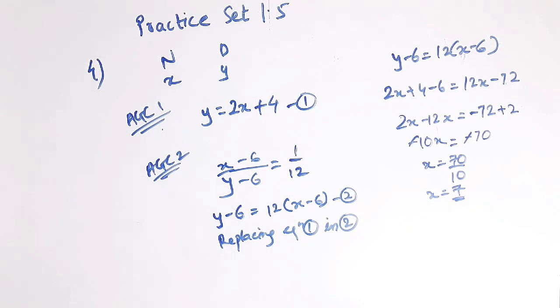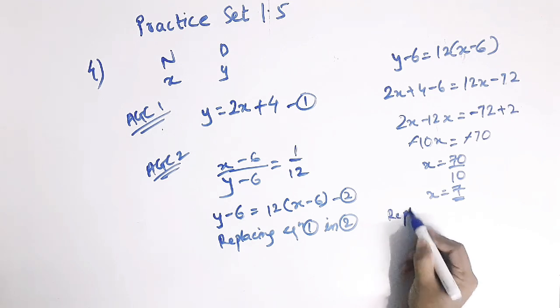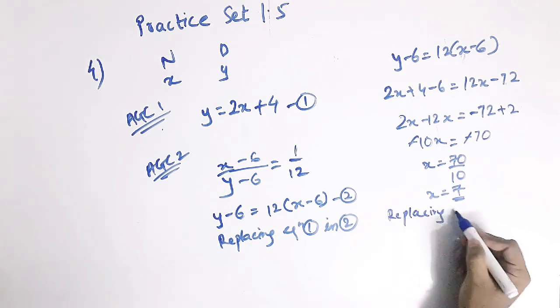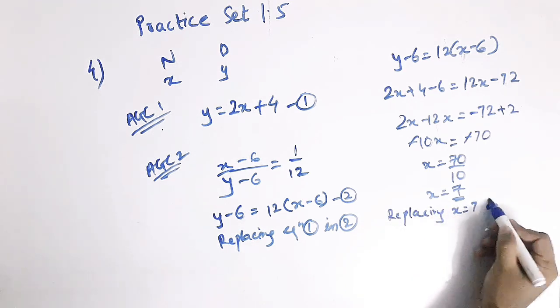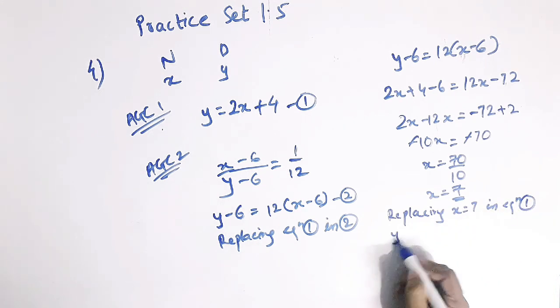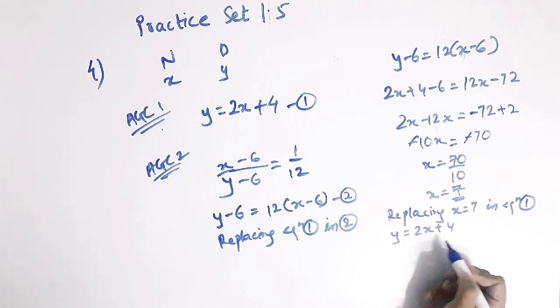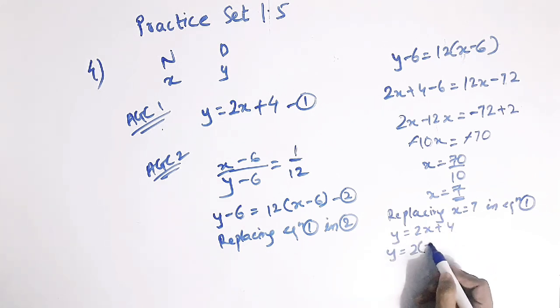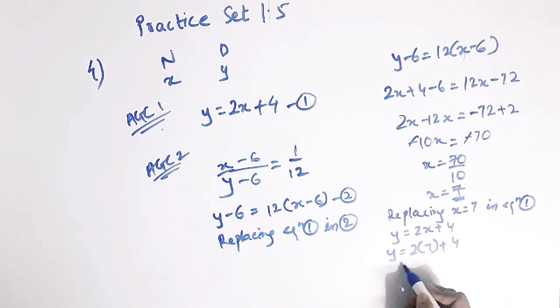Okay, understood? So we got the value of the numerator. Now let us find the value of the denominator. Replacing x equal to 7 in equation 1. What is equation 1? y is equal to 2x plus 4. So this is 2 times 7 plus 4, 14 plus 4.